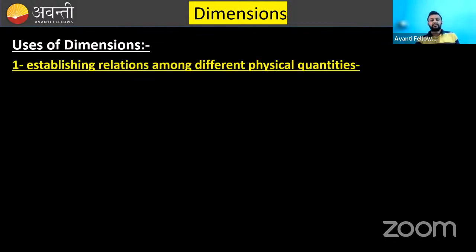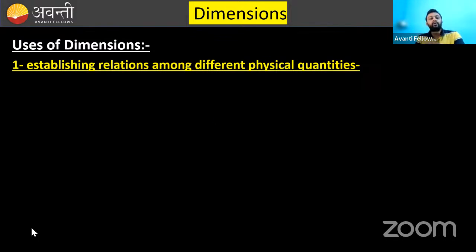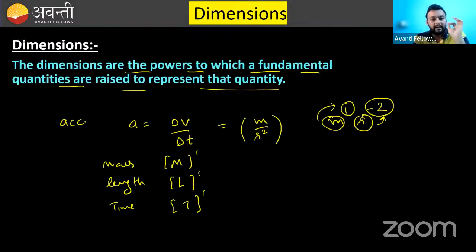What is the use of dimension? The first use is on your screen. I am going at a very quick speed for this topic. Just tell me one thing. Can you find the dimension of capital G? What is capital G? Universal gravitational constant.